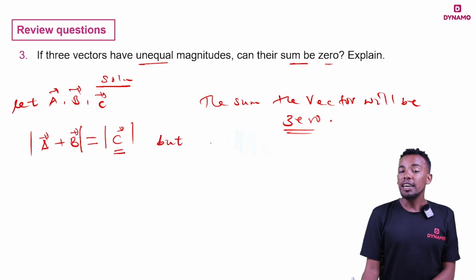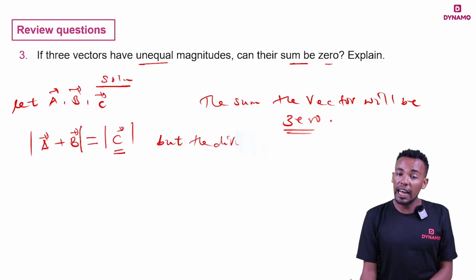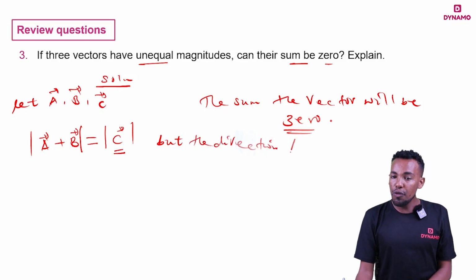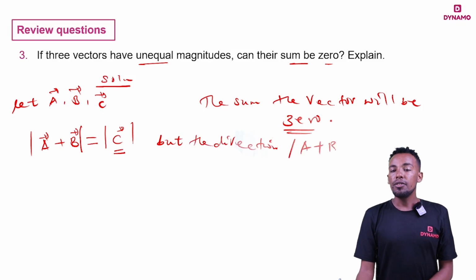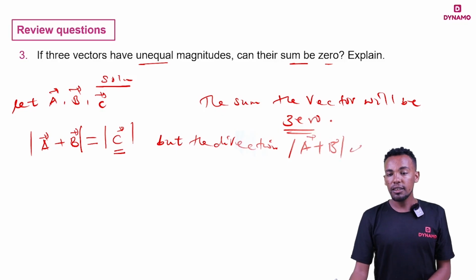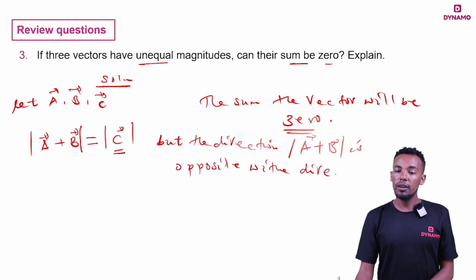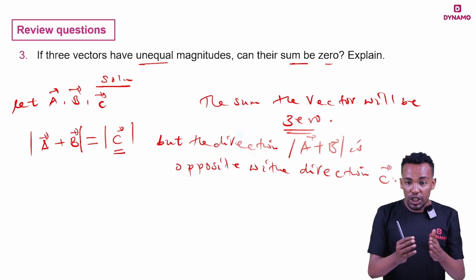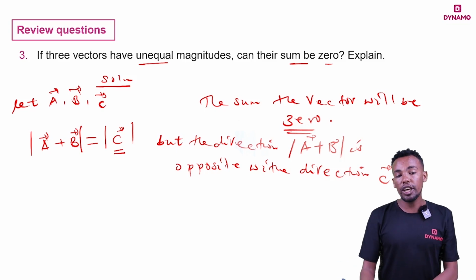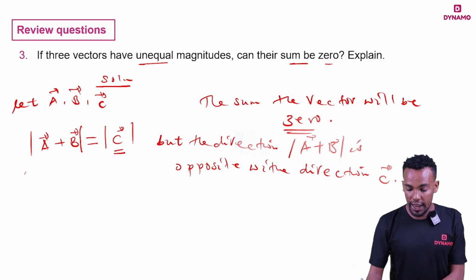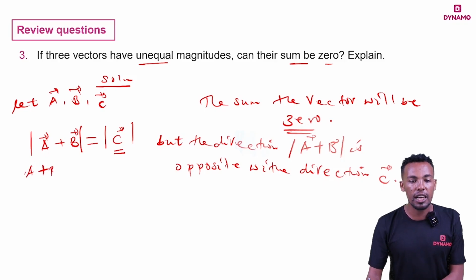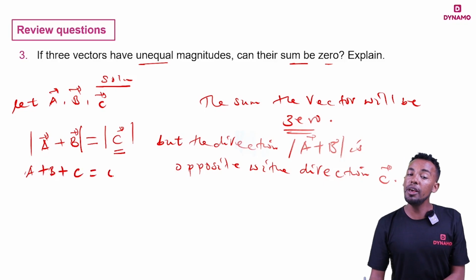The direction of the sum of vector A and vector B is opposite to the direction of vector C, with equal magnitude. This means vector A plus vector B plus vector C will be 0.